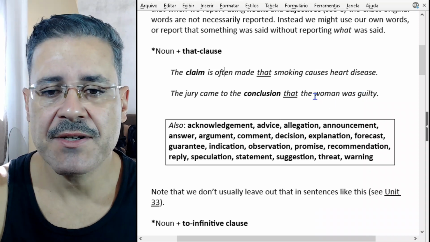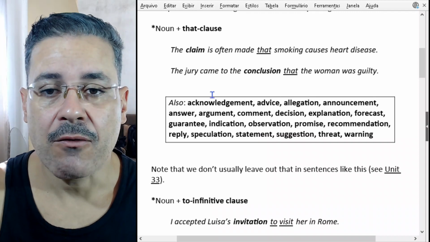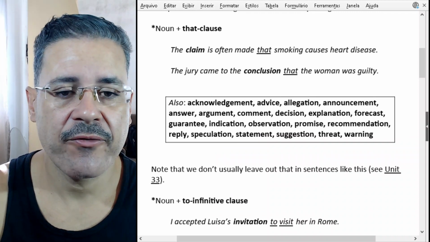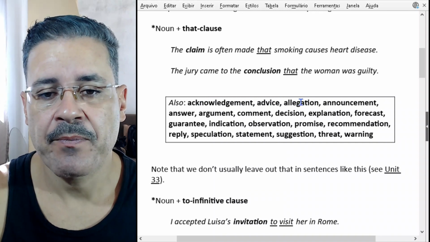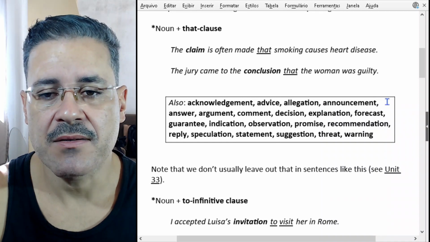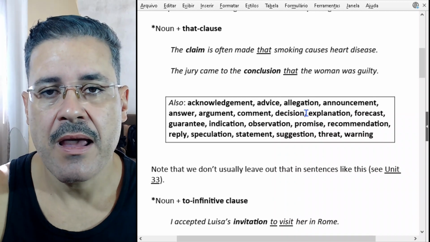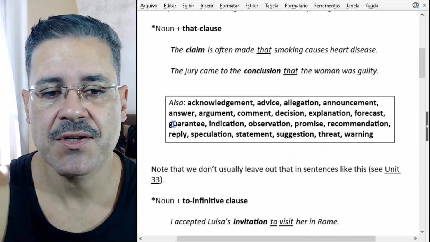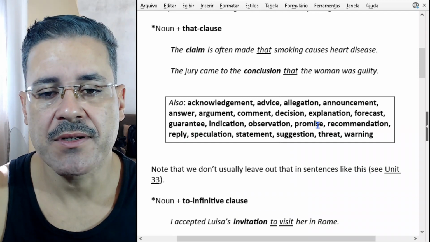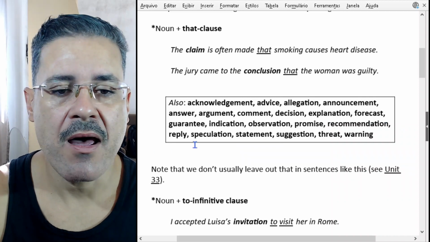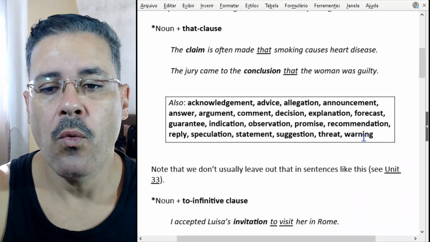We can use that pattern with the following nouns. Nouns that come from the verb, of course. Acknowledgement, advice, allegation, announcement, answer, argument, comment, decision, explanation, forecast, guarantee, indication, observation, promise, recommendation, reply, speculation, statement, suggestion, threat, warning.